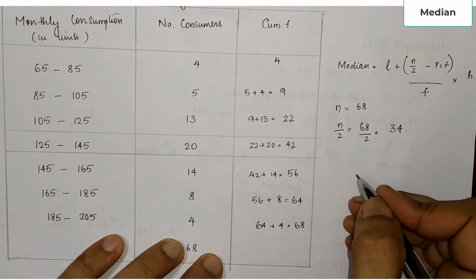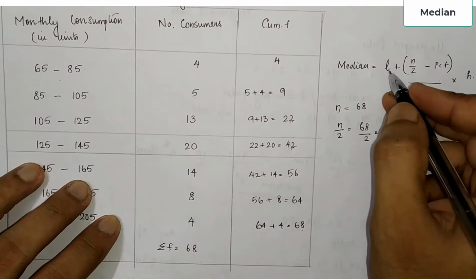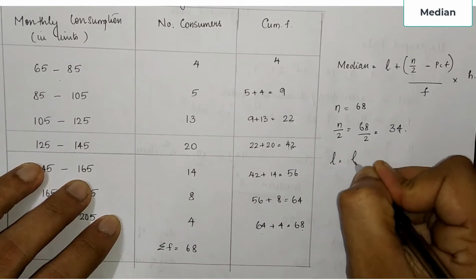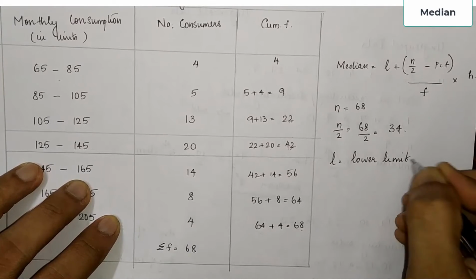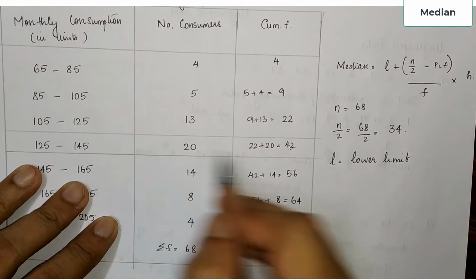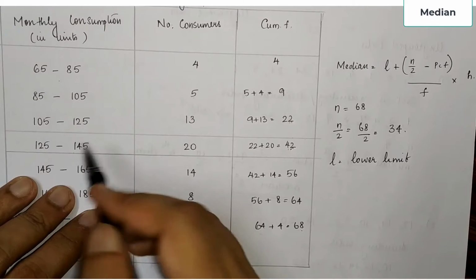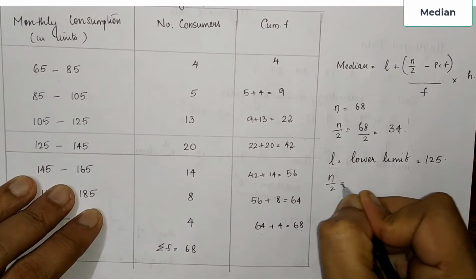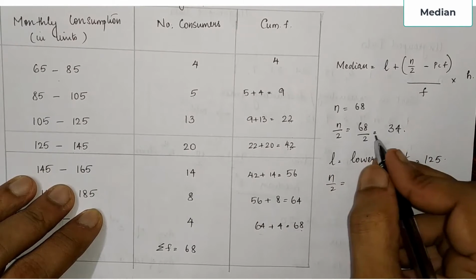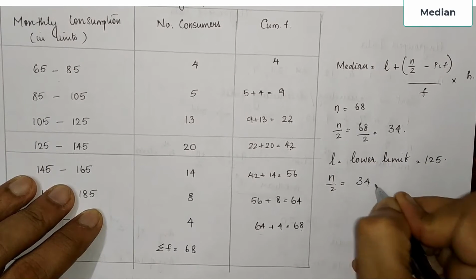Okay. So what is the lower limit? L means lower limit, the lower limit of that particular data set. Now what is the lower limit over here? It is 125. Now N by 2 is equal to 68 divided by 2 is equal to 34.